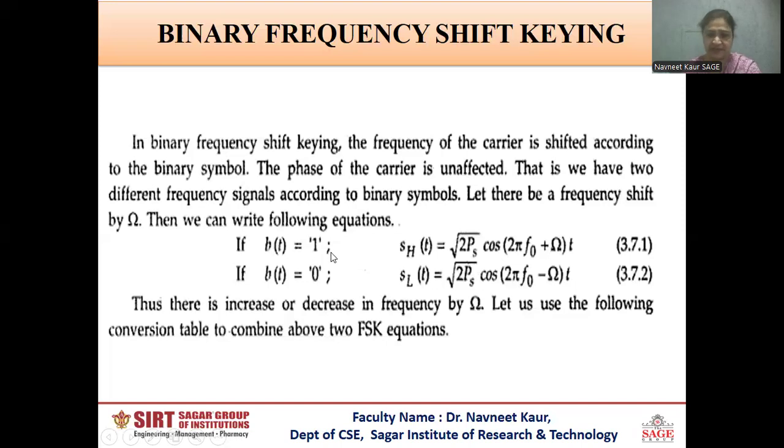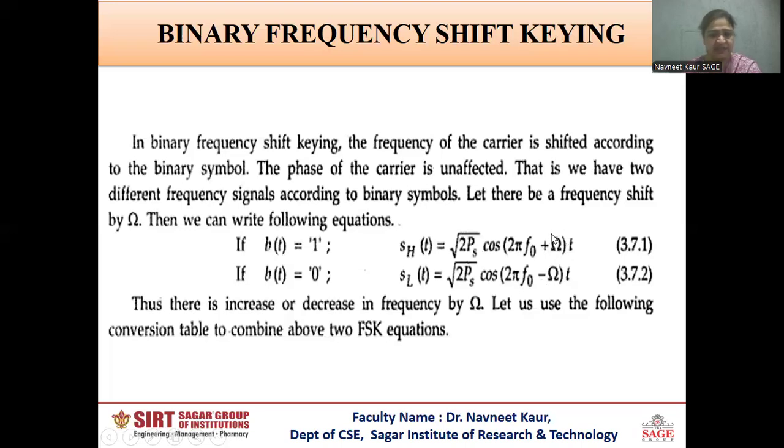So for message 1, the modulated signal is cos of 2 pi f naught plus omega t, whereas for message 0, the modulated signal will be cos of 2 pi f naught minus omega t. So here we see there is change in the frequency by amount omega.